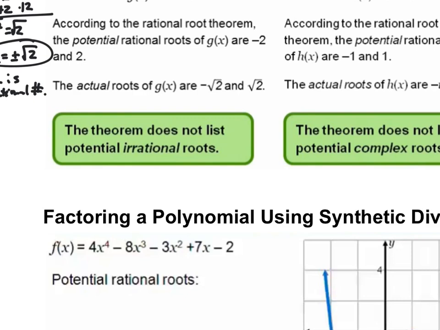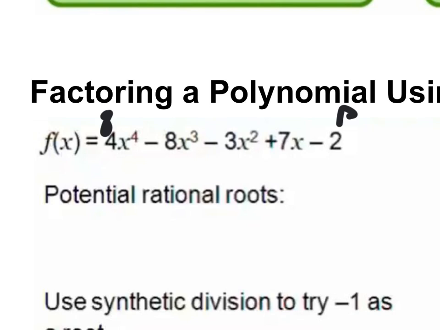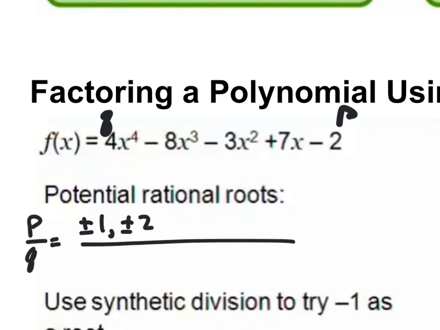All right, so here's Q, and here's P. The list of possible roots would be P over Q. The factors of -2 are going to be plus or minus 1, and plus or minus 2. The factors of Q, which is 4, are plus or minus 1, plus or minus 2, and plus or minus 4.